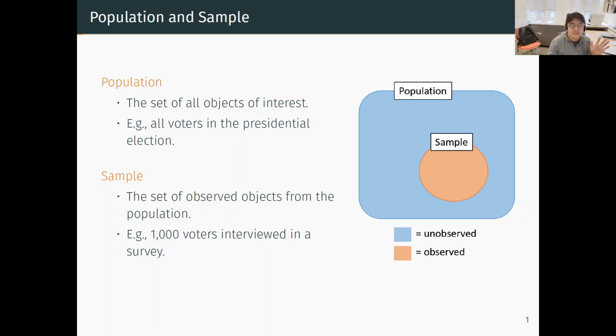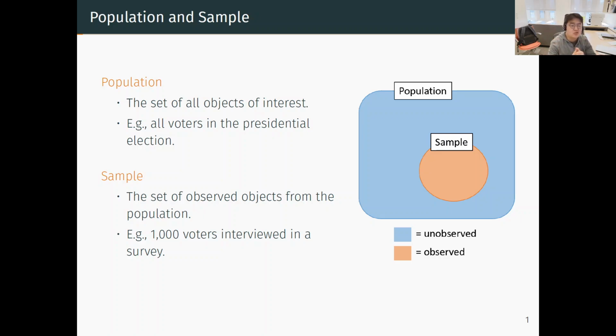If, say, the New York Times could spend a lot of money and people and just ask everyone their willingness to vote, then it's not a problem of statistics because we know everything.